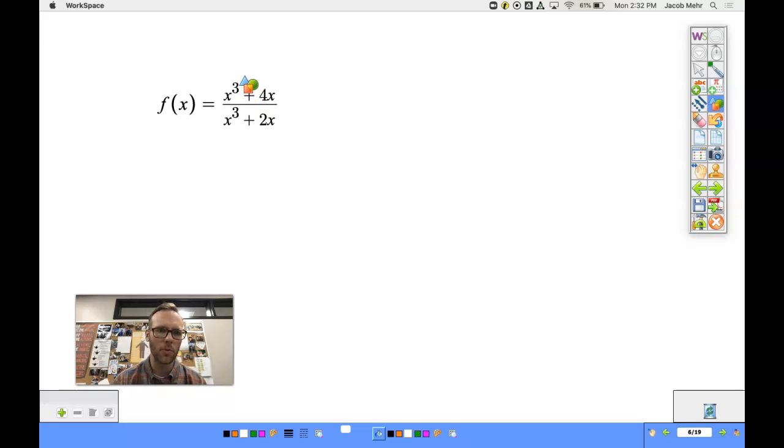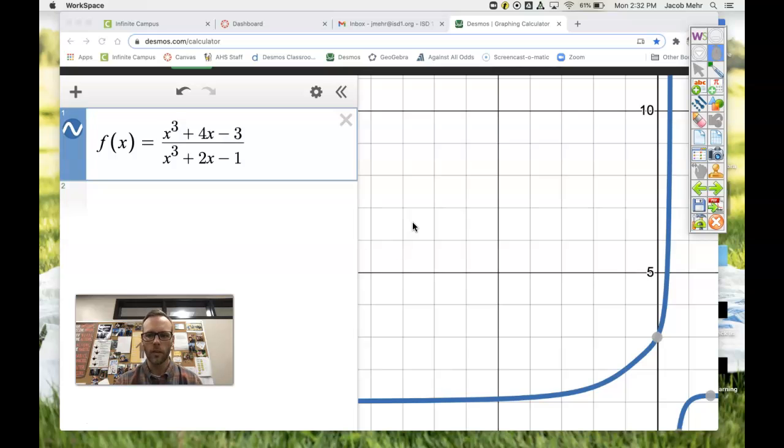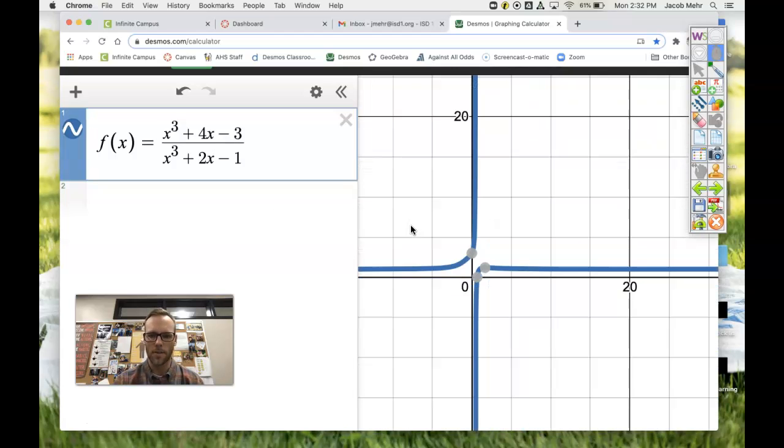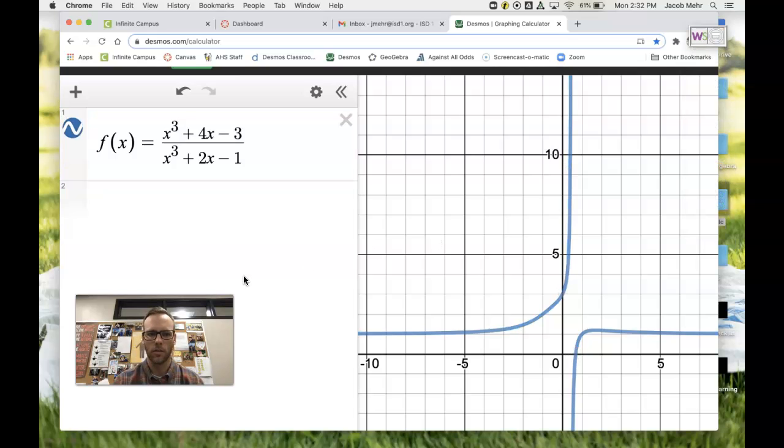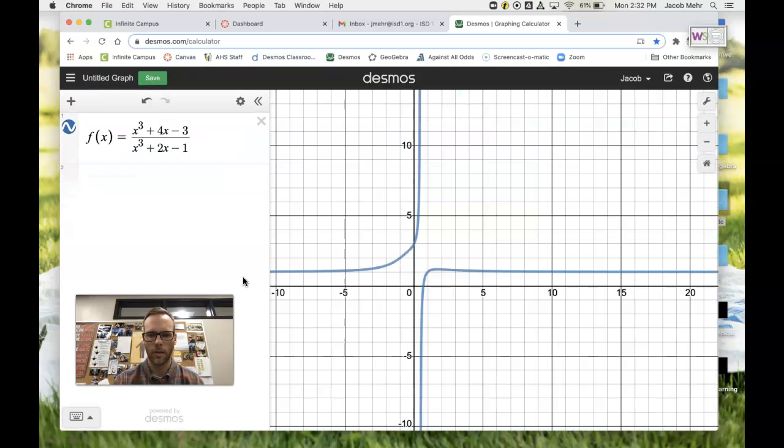So what I usually end up doing, and I just hold up my hand as if I was on the board covering those, is I ignore everything else. And what do we end up with? x cubed over x cubed, which is what? 1. And where did we see that horizontal asymptote happen? It happened at y equals 1.